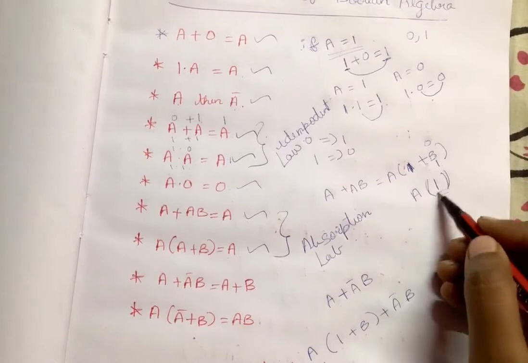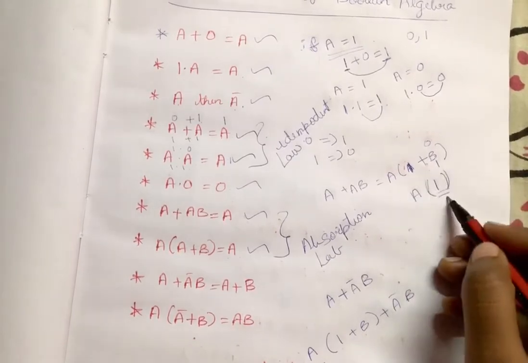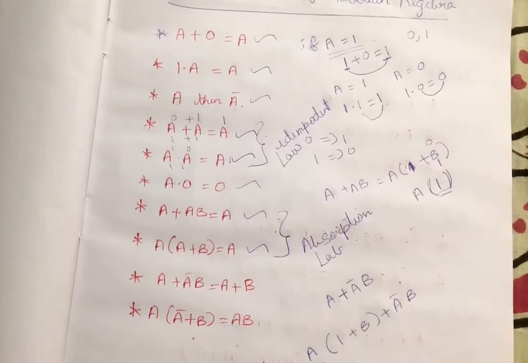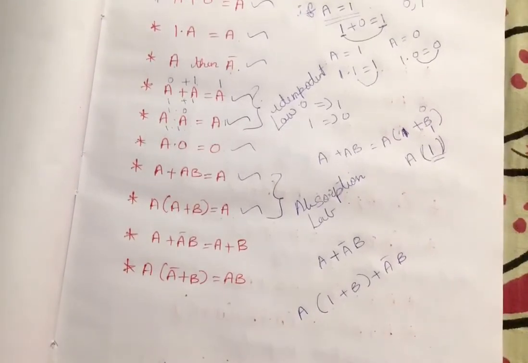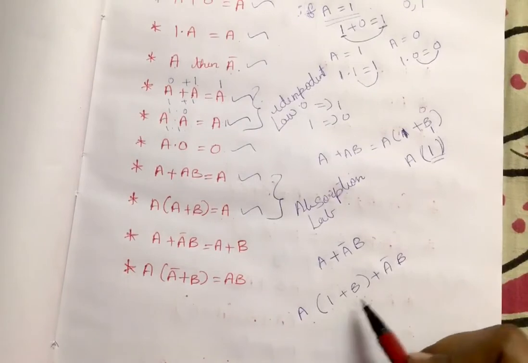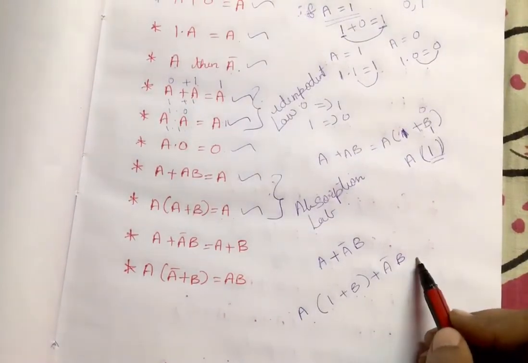So if you multiply A by 1, there are no changes. So I am adding this 1 plus B to this value, A into 1 plus B, plus A bar B.